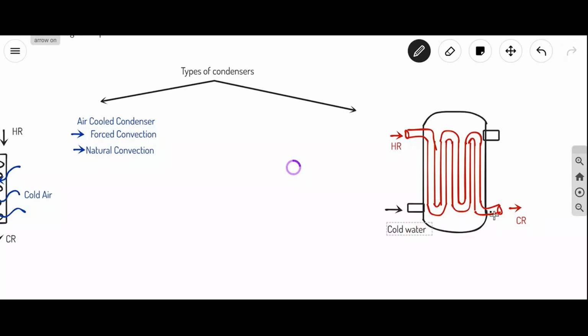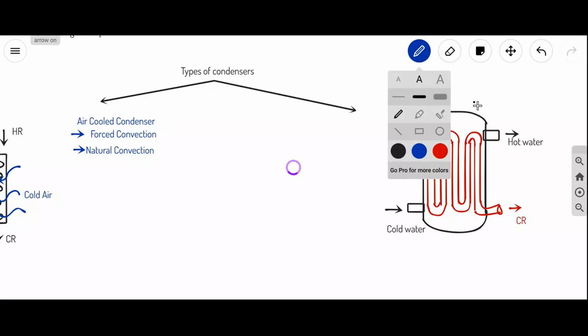As you supply cold water, the water will become hot water. So now what is happening here? The water is cooling the refrigerant.